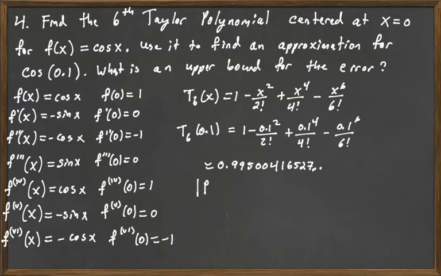Now the n plus 1 derivative is going to be a sine or cosine in absolute value, and sine or cosine is going to be bounded by 1. So we can have a bound for the n plus 1 derivative at x that's going to be 1.